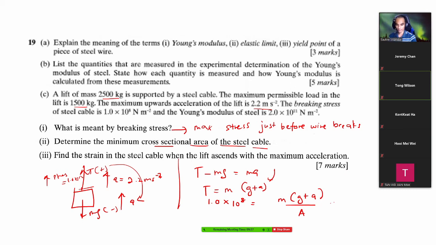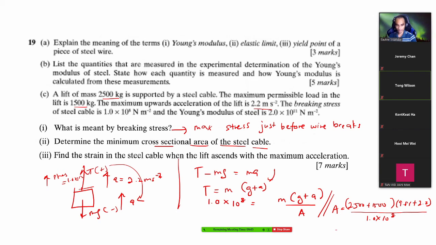Divided by A. So A is equal to 2500 plus 1500 times g plus a, that is 9.81 plus 2.2, then divided by 1.0 times 10 power of 8.